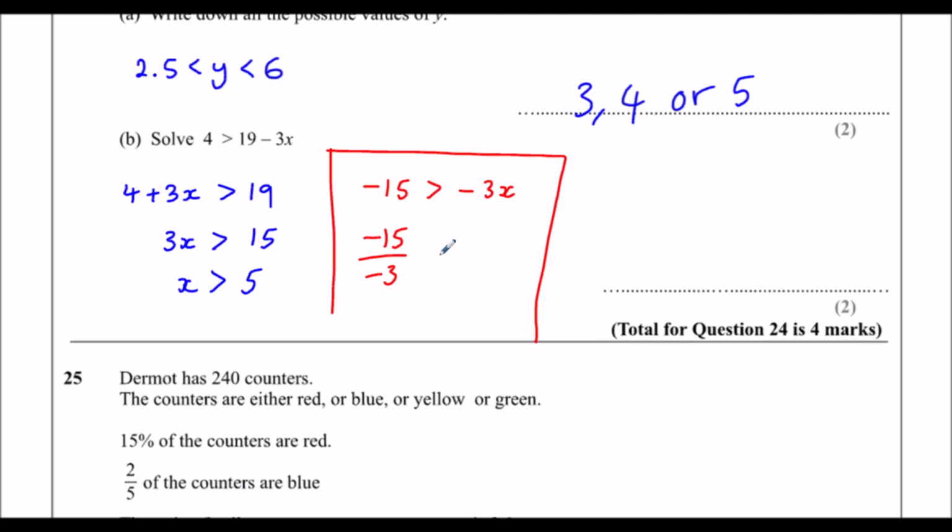If you multiply or divide by a negative, the sign would flip over. And that would mean x is on the bigger side. So negative 15 over negative 3, a negative divided by a negative is a positive, 15 divided by 3 is 5. So we would end up with the same answer. X is bigger than 5.